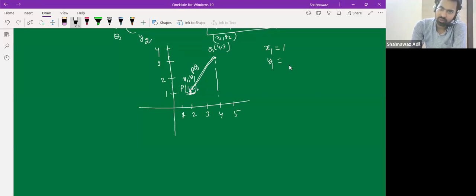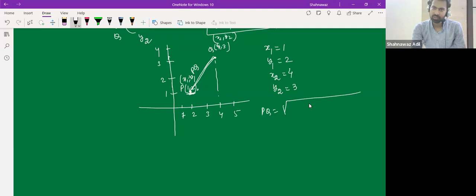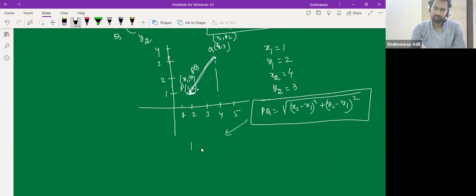And x2 is how much? Just look at these points. x2 is 4, and y2 is 3. So the distance PQ would simply be the root of (x2 minus x1) square plus (y2 minus y1) square. This is called the distance formula.